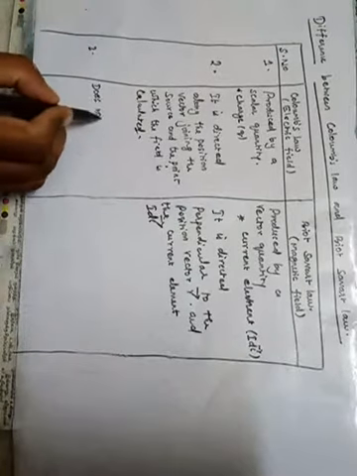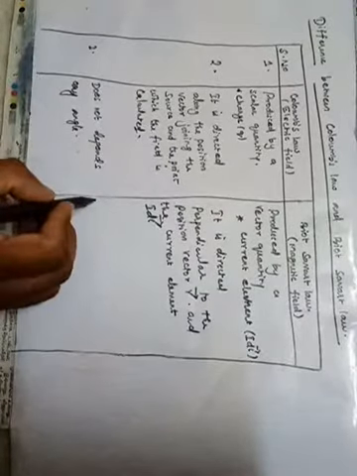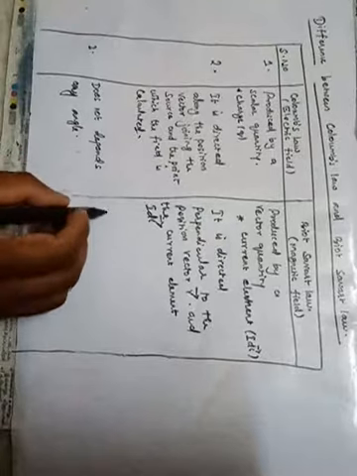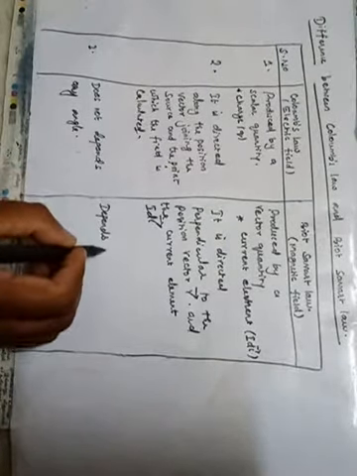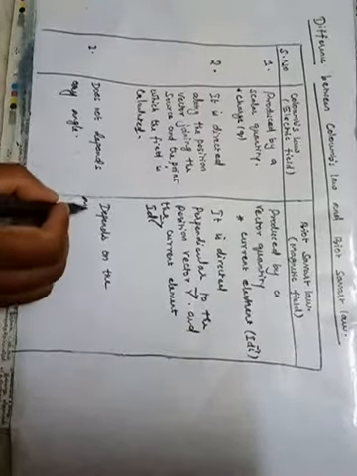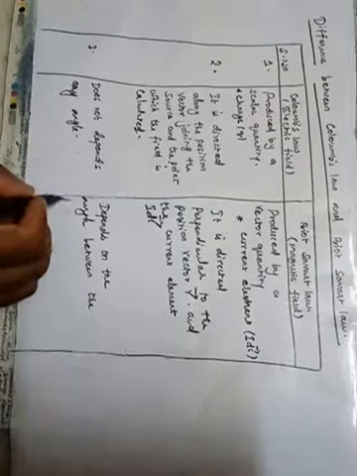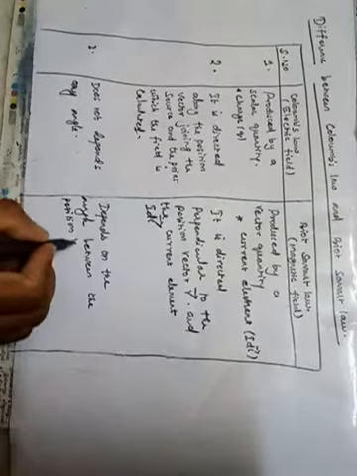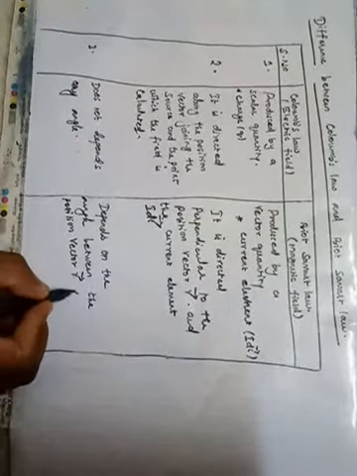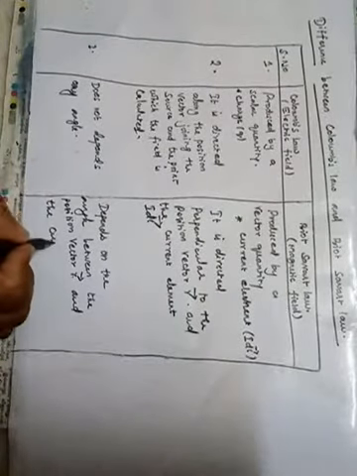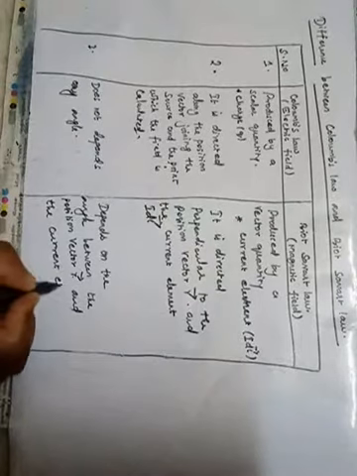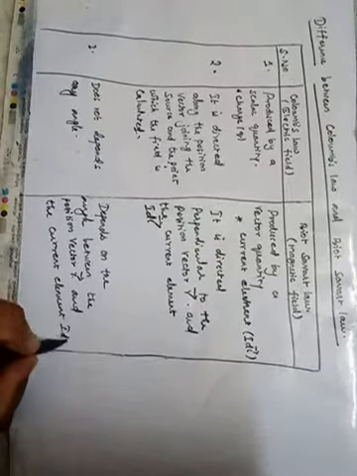The electric field does not depend on any angle, but the magnetic field depends upon the angle between the position vector r and the current element I dl vector.